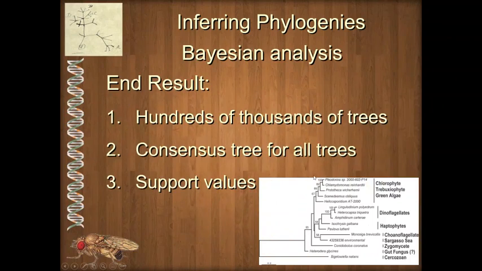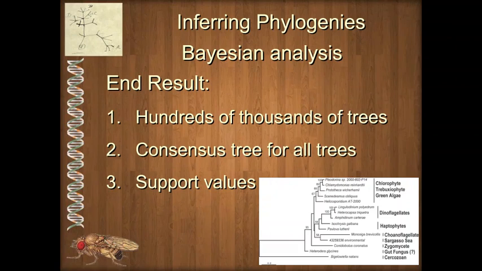So for instance, if this relationship between Pleodorina and Chlamydomonas, these 2 species, is found in every single one of those good trees that we've saved, then we put 100 there, representing 100% of the time. If a set of relationships, so these 3 species together, is only found in 82% of the trees, then we put that number there. And if a set of relationships is not found in a majority of the trees, we collapse that node down and make it a polytomy.